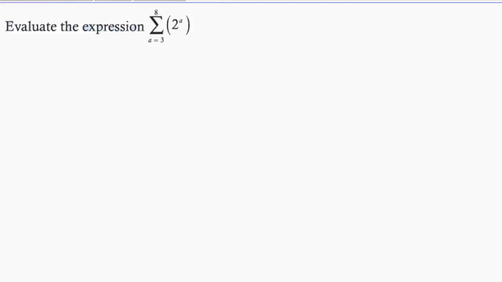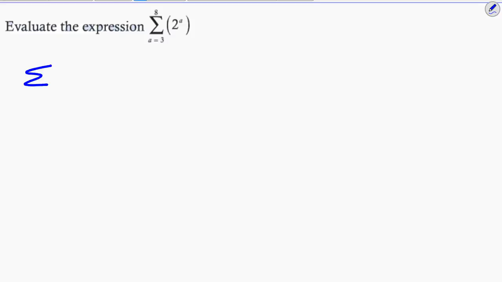Here is another example. Evaluate this expression. So what that means is we need to find the sum, because you're summing up whatever comes after the sigma symbol.